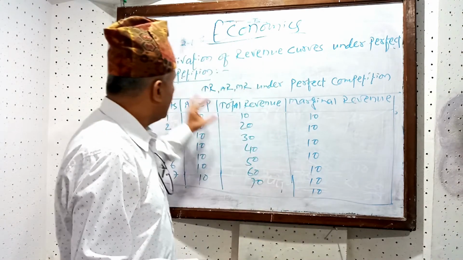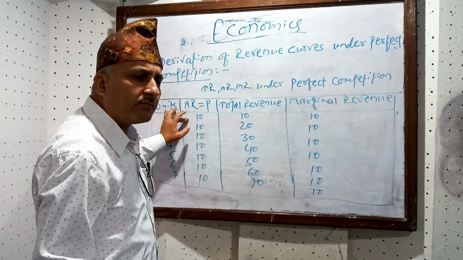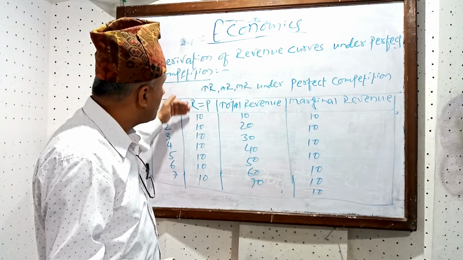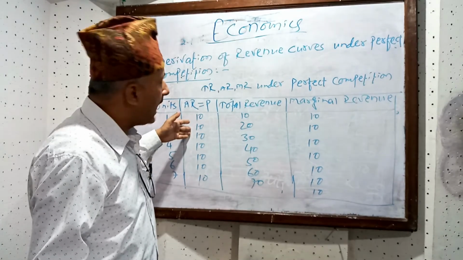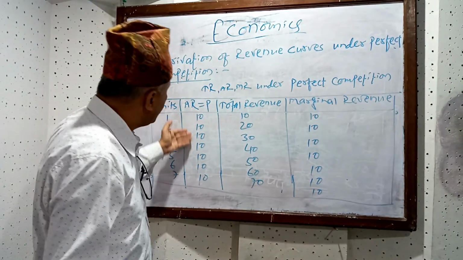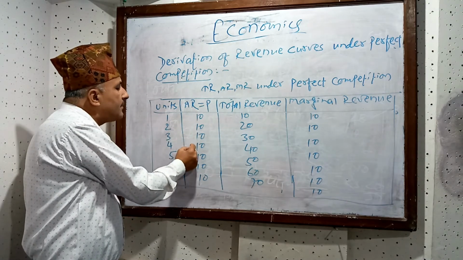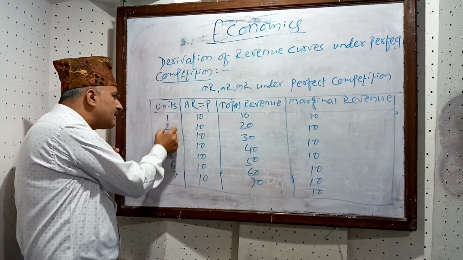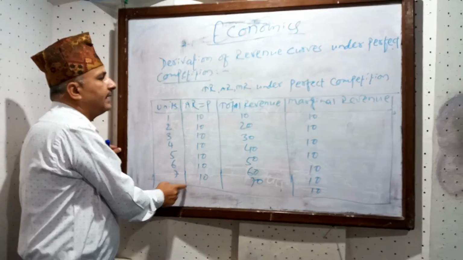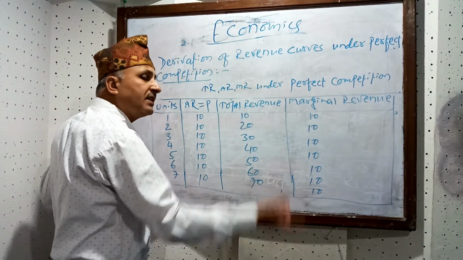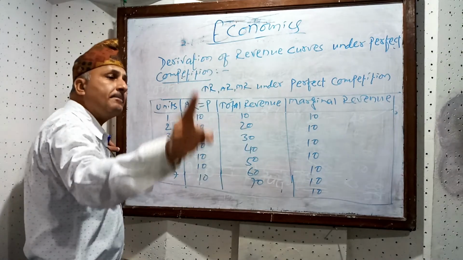This is because average revenue is price. Price is constant under perfect competition. That's why the value of average revenue is constant. And now, when the value of average revenue is constant, if we multiply this constant average revenue by an increasing number of units sold, then total revenue goes on increasing continuously, but it increases by the same amount.